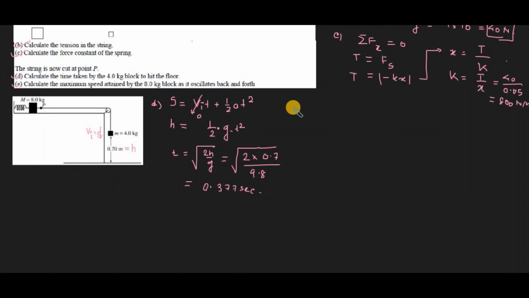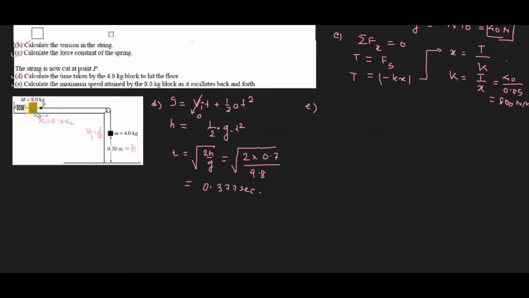Now in the part E, calculate the maximum speed attained by the 8 kg block as it oscillates back and forth. So here we can consider the 8 kg block when it is in fully elongated condition, that is represented by x equal to 0.05 meter.